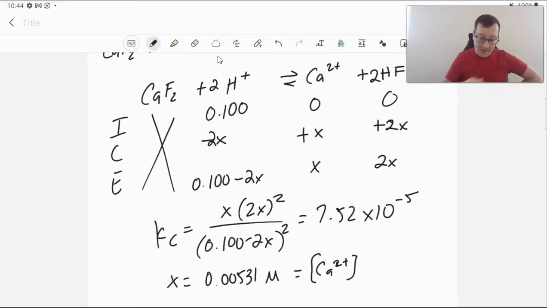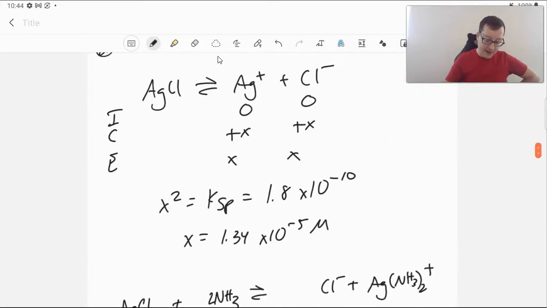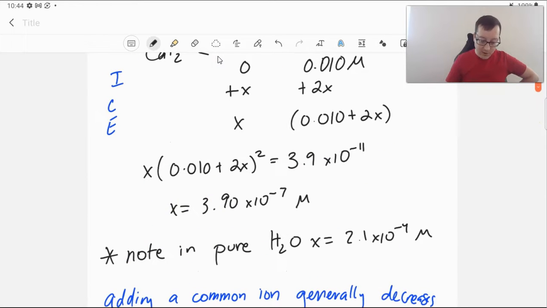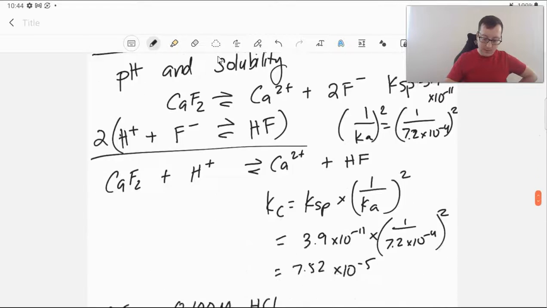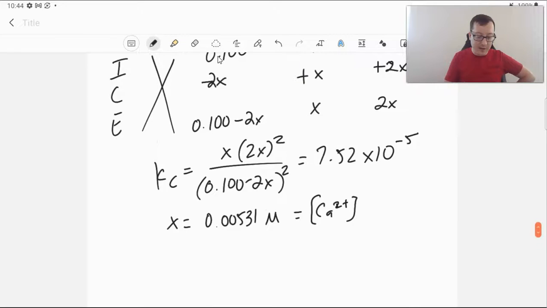If you remember way back to when we originally did our common ion effect problem, we saw that for pure water, we're looking at 2.1 times 10 to the negative 4. All right, and now we have 5 times 10 to the negative 3. So we've increased it a little bit. All right, so the acid has helped out a little bit.